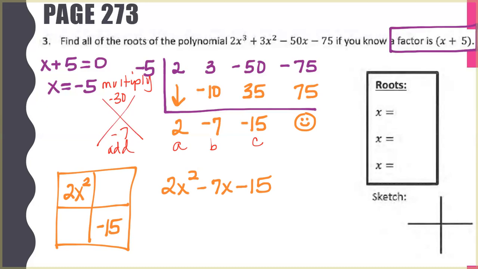So the numbers would be -10 and +3. So we have our -10x and our +3x. Go ahead and factor out.